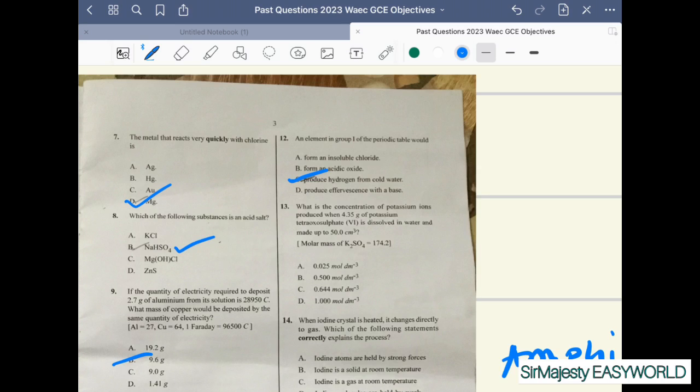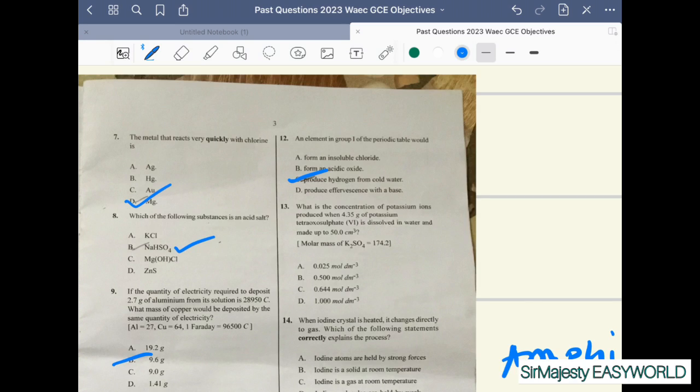Not really. Then number 13 says, what is the concentration of potassium ions produced when 4.35 grams of potassium tetraoxosulfate(VI) is dissolved in water and made up to 50.0 cm cube?